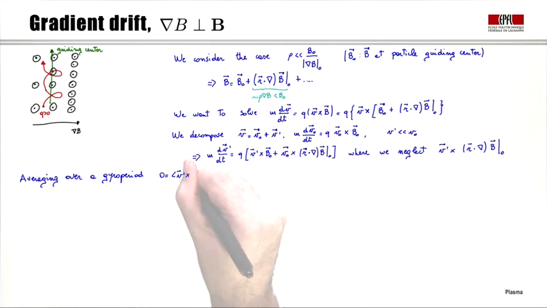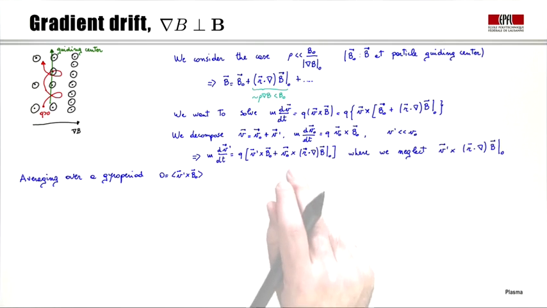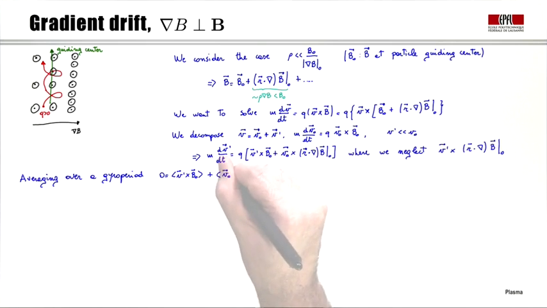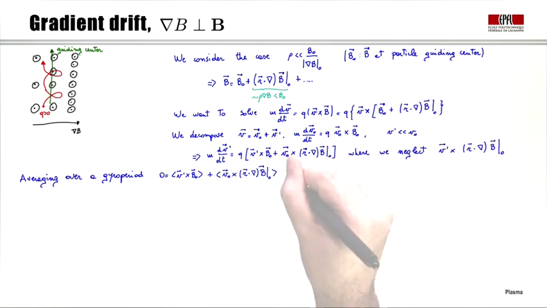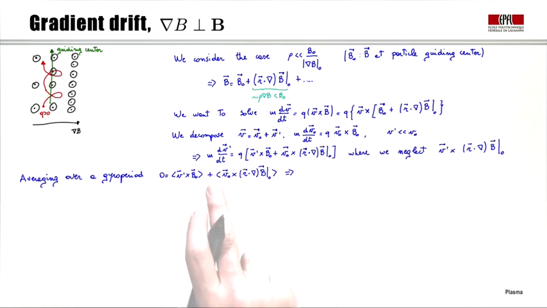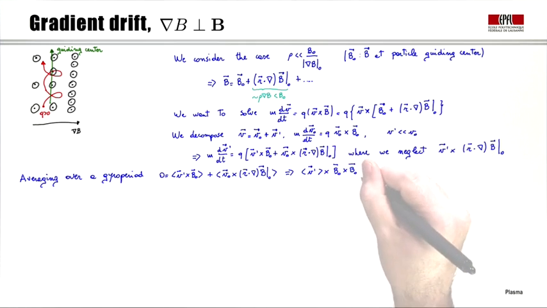We will have V prime cross B0 plus the zero average of the second term. And we can actually solve this equation by crossing it with B0 in order to get V prime.